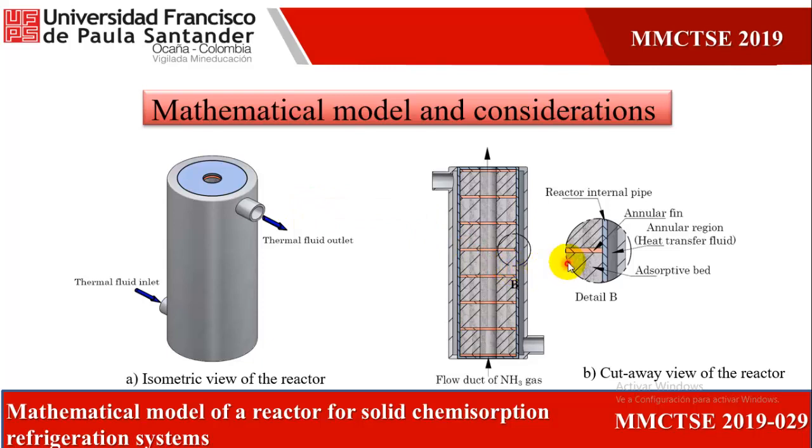In it, we can see the fins that were modeled, and the one that is inserted into the sorbent bed here. We also observe here the internal tube in which the refrigerant vapor flows, that is absorbed or dissolved from some chemical kinetic condition of the system.